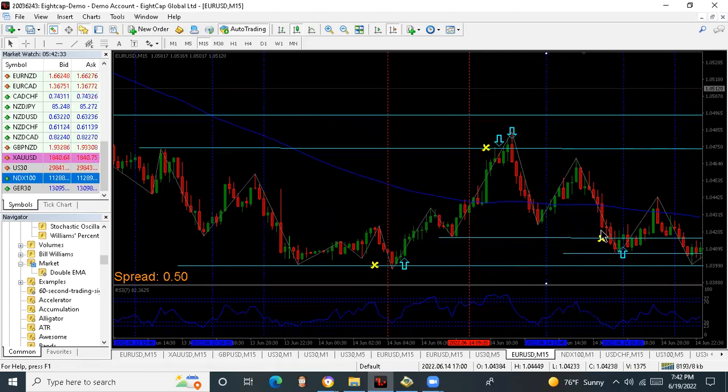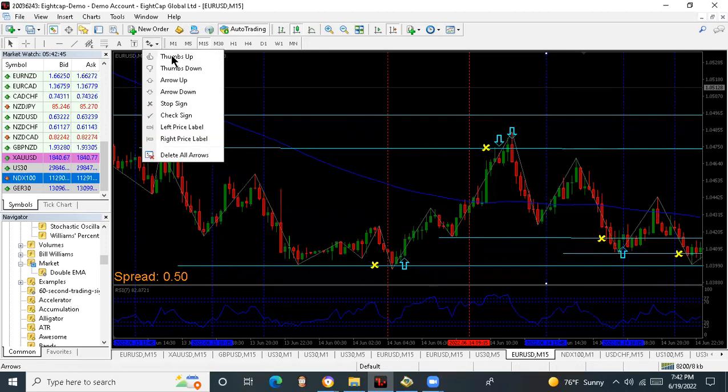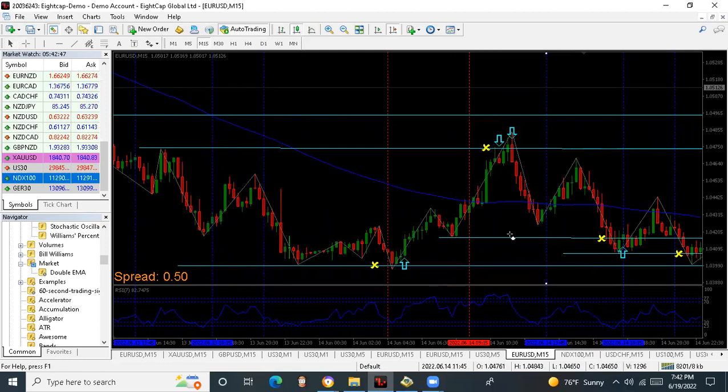Okay, breach this level there, in there, okay? And then we have another breach of this level here, okay? And then I'm taking another entry if I feel like it here, all right?